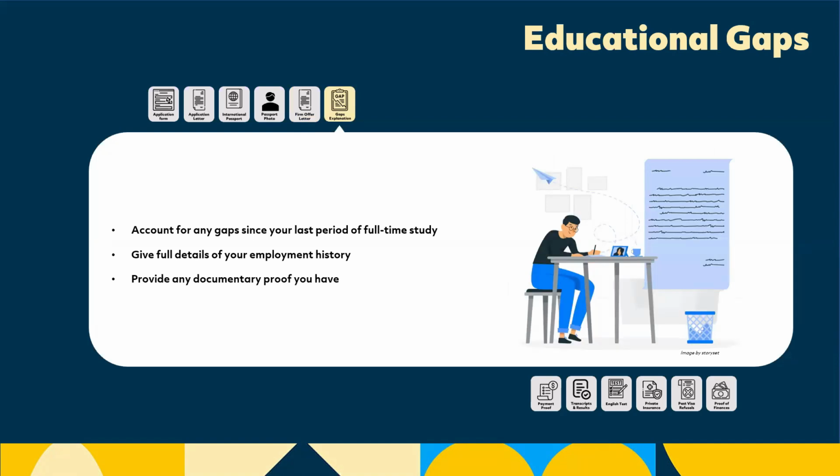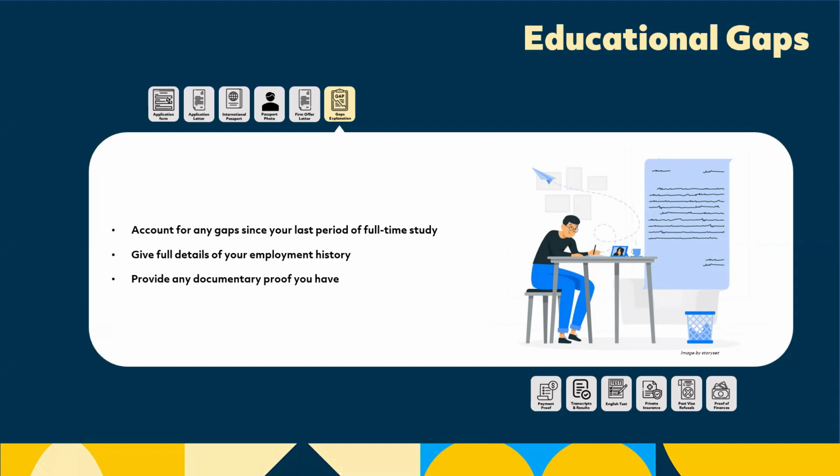Okay. This part is also very, very important. Again, as I said, in your application letter, you must go into detail about any gaps in your studies. So if you finished your first degree, say maybe 4 or 5 years ago, you need to be able to explain with documentary proof why, and also explain what you have been doing within that time.